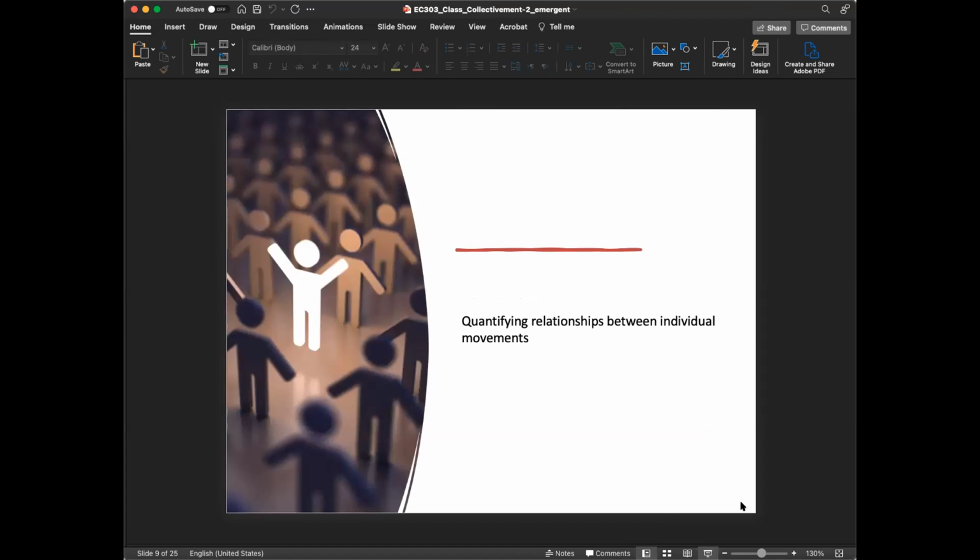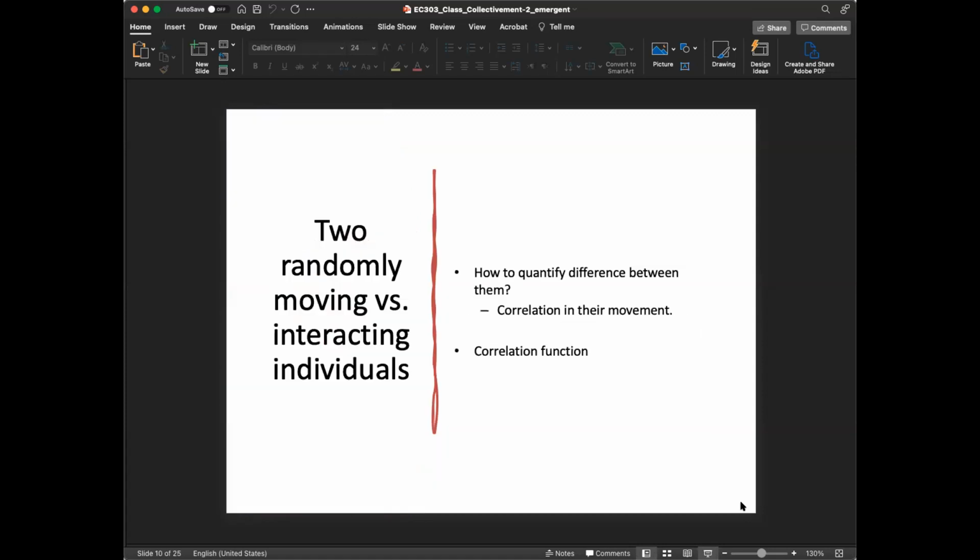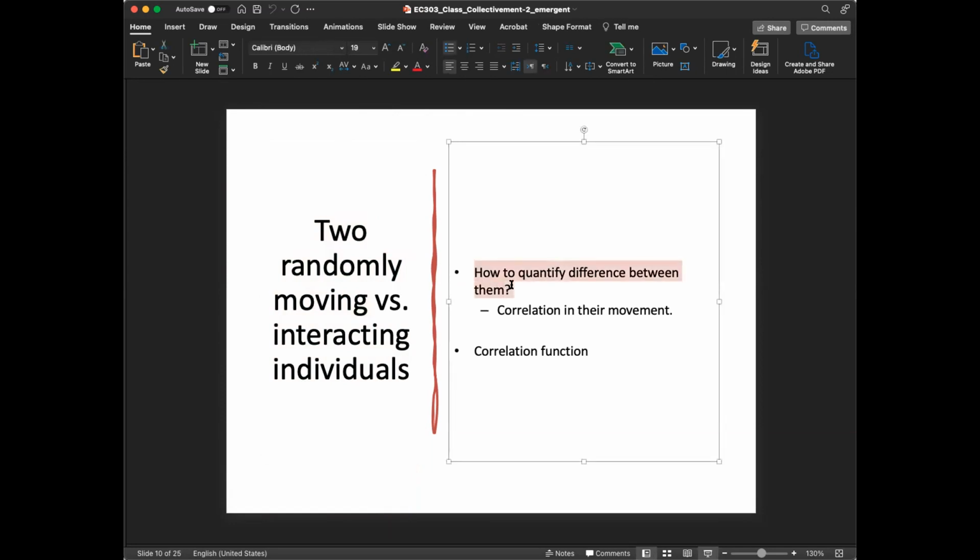This can be done by quantifying relationships between individual movements. Let's ask a very simple question. Imagine a simple scenario. Scenario one, there are two randomly moving individuals. Another one, there are two interacting individuals. How would you go about quantifying differences in the movement between them?